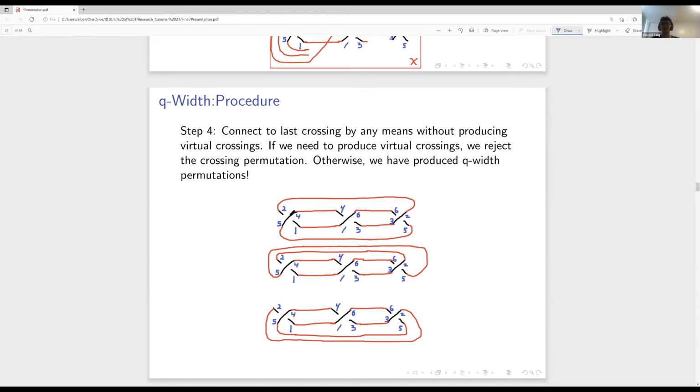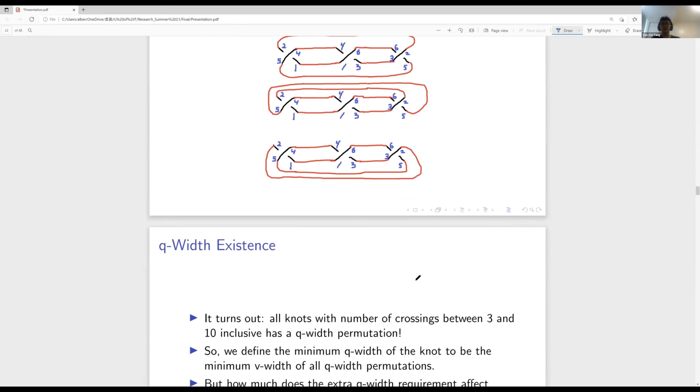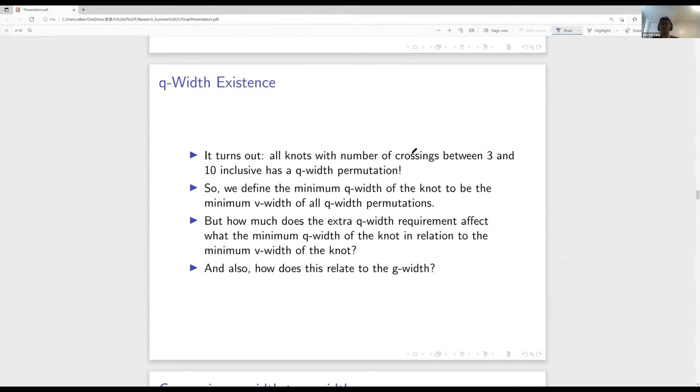In this case, I have one permutation of the crossings, I produce 3 different permutations of the knot, and that's perfectly fine. But either way, we have produced quick width permutations. So at this point, we can repeat the process for all crossings with size between 3 and 10 inclusive, and conclude that all of them actually have a quick width permutation.